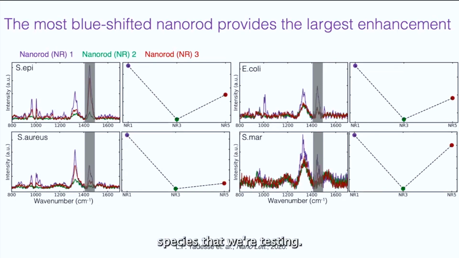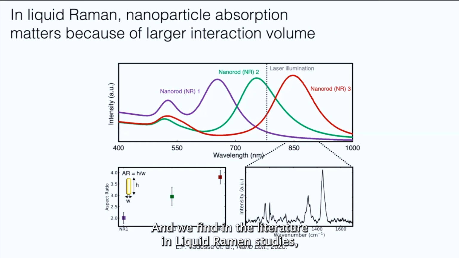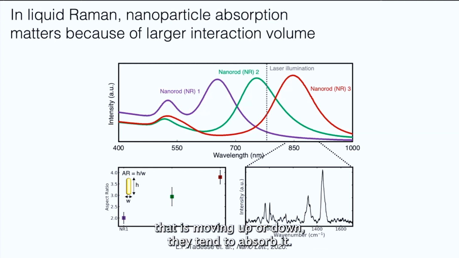species that we're testing. And so we've looked at this and done several experiments and are still getting the same results. And we find in the literature, in liquid Raman studies, the volume that you have plays a part in how the nanoparticles would interact with the light. Essentially, if you have enough volume before the light returns back to your detector and you have nanoparticles there that match the wavelength of light that is moving up or down, they tend to absorb it.